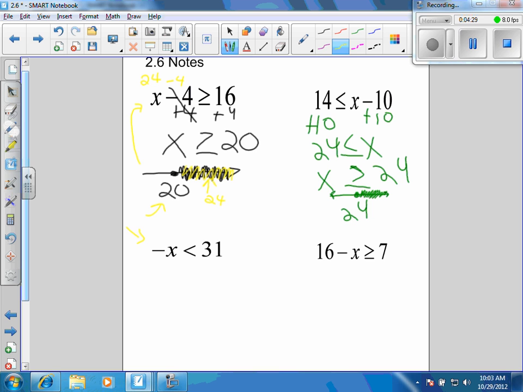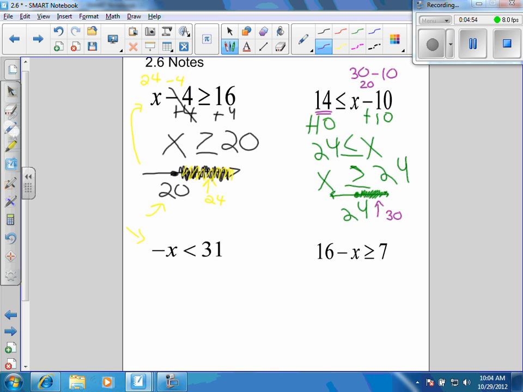Okay? So when I test numbers, if I was going to test Nadia's answer, I would say, well, 30's over here, right? So what's 30 take away 10? 20, right? And is it true that 14 is less than or equal to 20? Yeah.